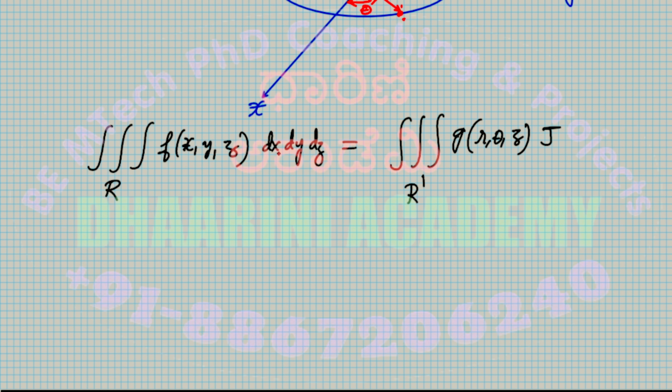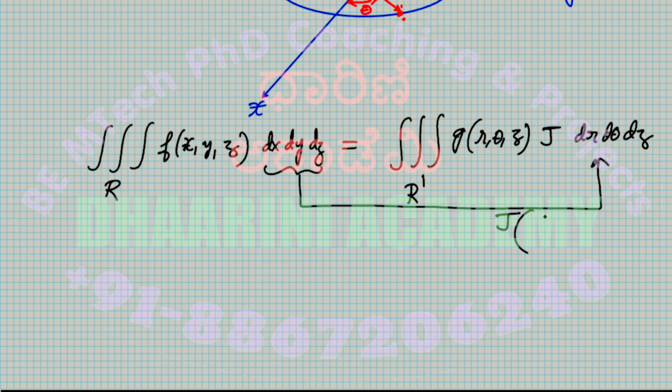You cannot directly write it simply as dr d theta dz. There is a parameter z which helps in the conversion of dx dy dz into this. That conversion is taken care of by an operator called the Jacobian, which you can write as the variation of x comma y comma z with respect to my new variables r comma theta comma z.